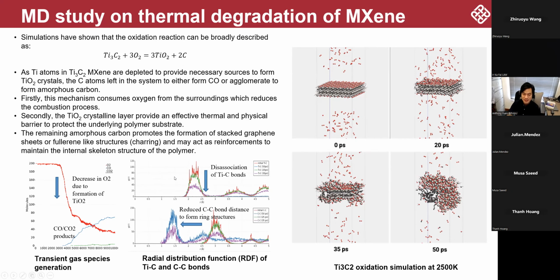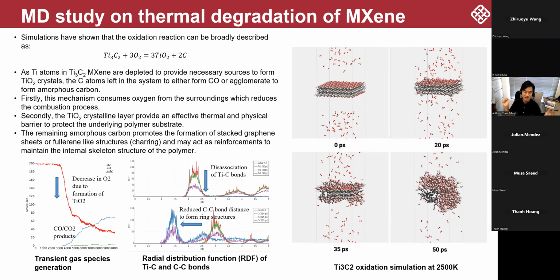Basically, in the MD itself, we identify that MXene has a two-way flame retardant mechanism. The char content is because of this reaction. It formulates this carbonaceous compound, the Ti3C2, and TiO2 itself is a good flame retardant material.